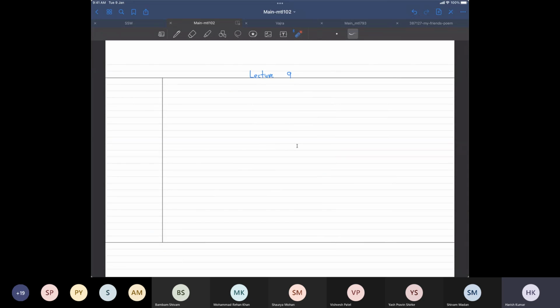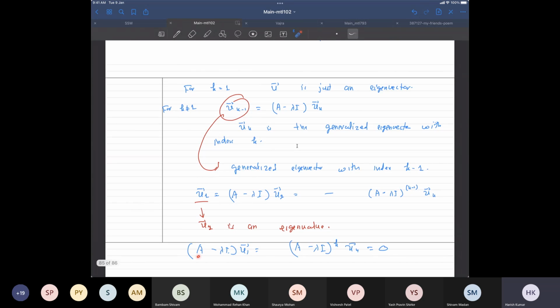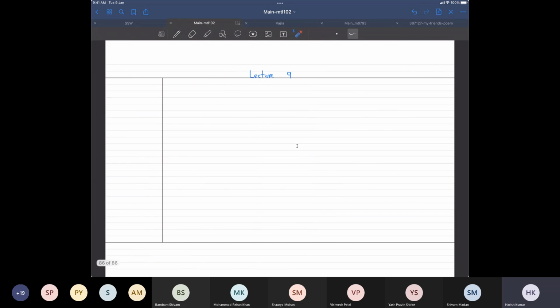What we are going to show you now is that these v_i we have constructed are linearly independent. Okay, so let us write it as a theorem.